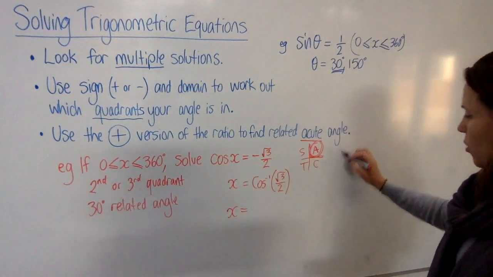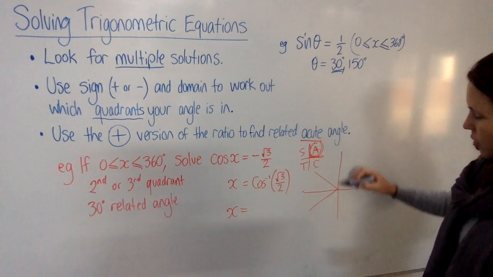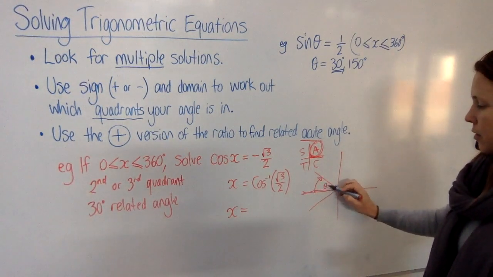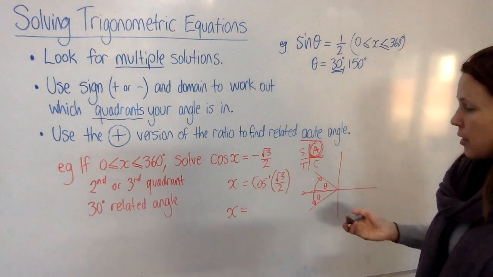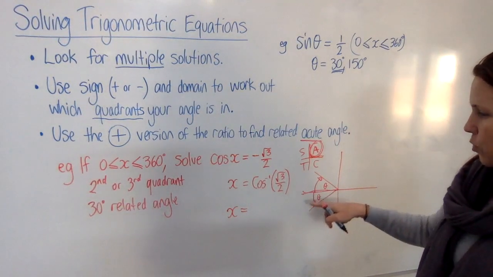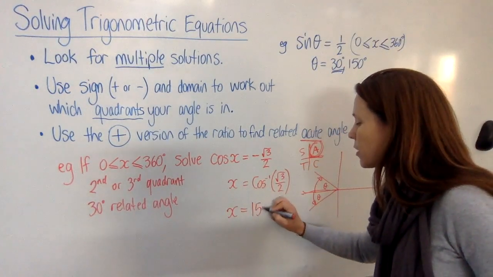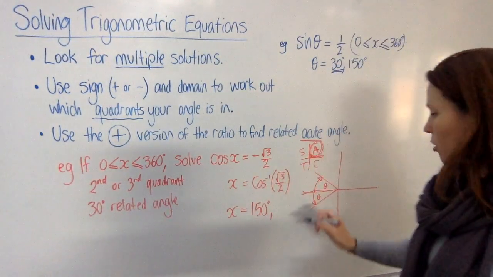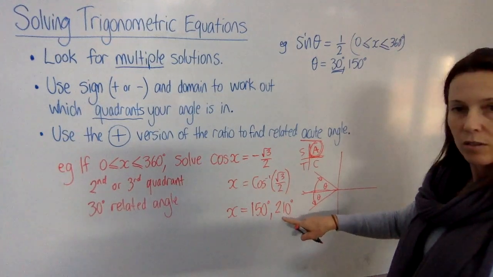Now remember that with your quadrants, when we're in the second or the third quadrant, we're doing either 180 minus theta or 180 plus theta. Okay, so our two answers would be 180 minus 30, which is 150 degrees, or 180 plus 30, which will give me 210 degrees. And those are my two solutions.